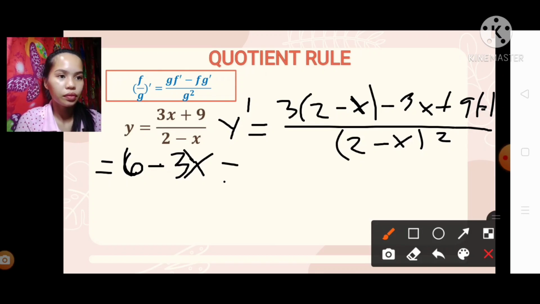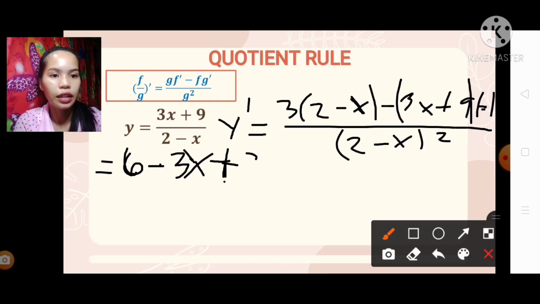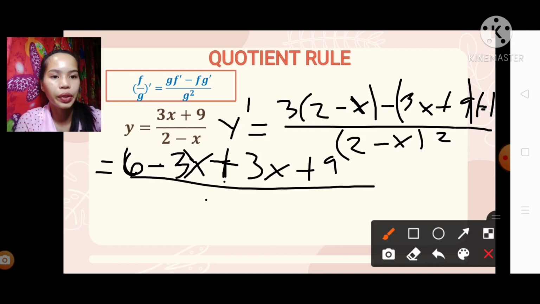Minus, negative 3x times negative 1 is simply positive 3x. Then negative 1 times 9 is negative 9, so minus negative 9 is positive 9, over 2 minus x squared.